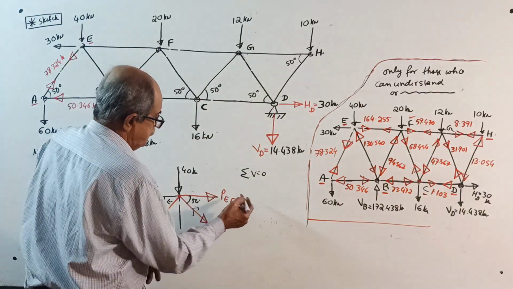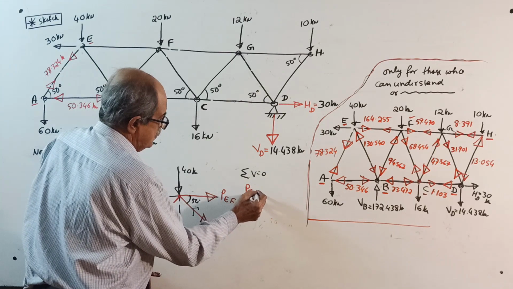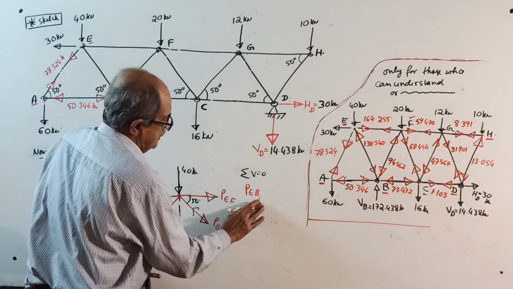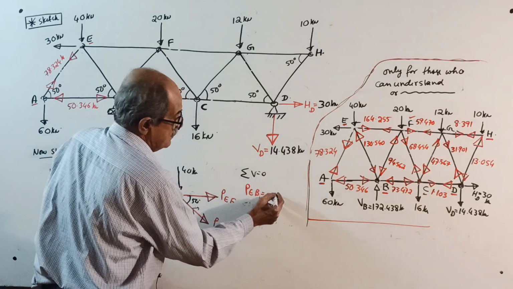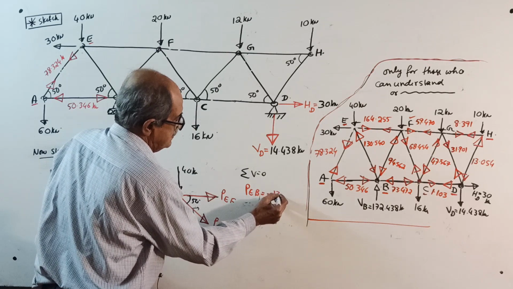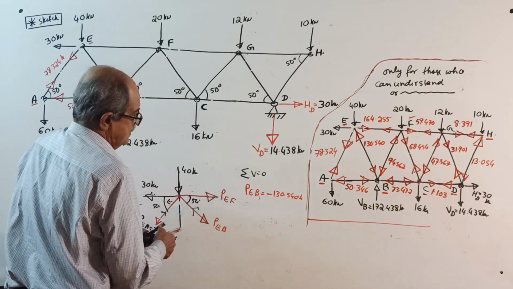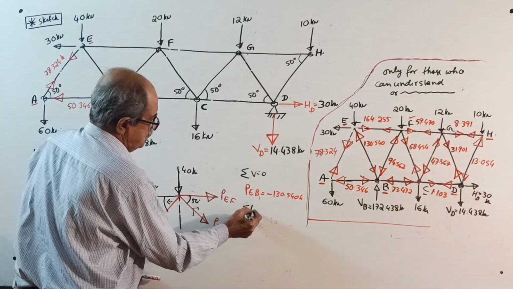You will get PEB equal to minus 130.540 kilonewton.